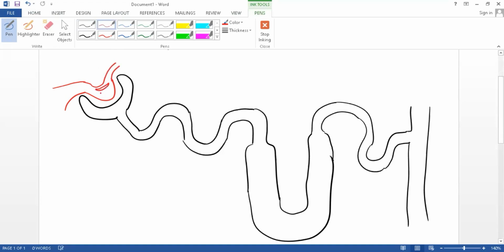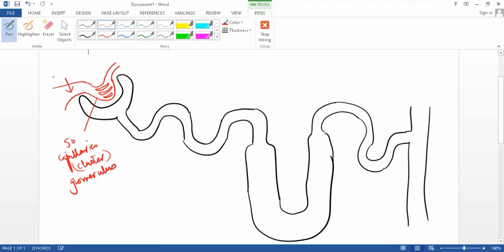In between are the capillaries called glomerulus. There are almost, as I've told you, 50 capillaries in this. It's a cluster of capillaries called glomerulus.